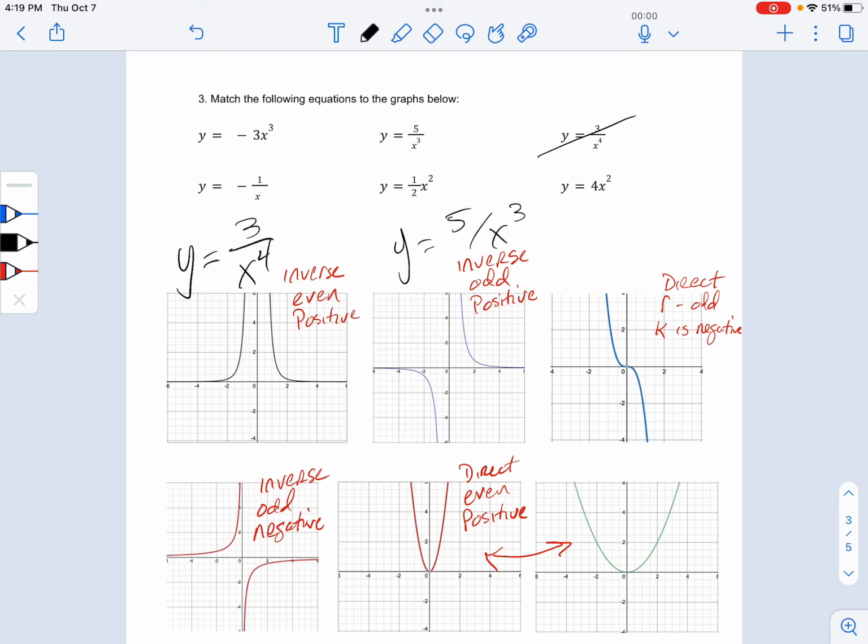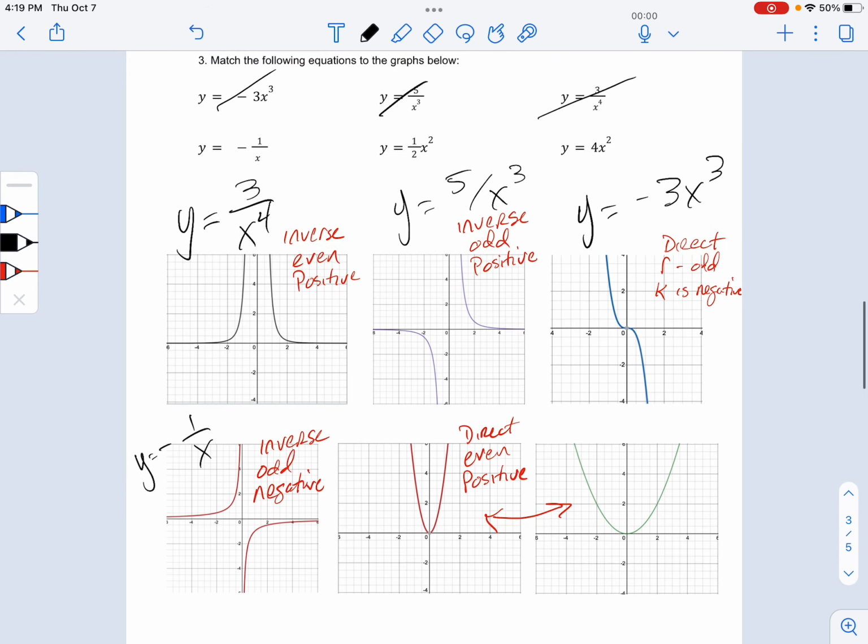And this one over here, direct variation, R is odd, K is negative. That matches up with y equals negative 3x cubed. That means this has to be my negative 1 over x. Y equals negative 1 over x.